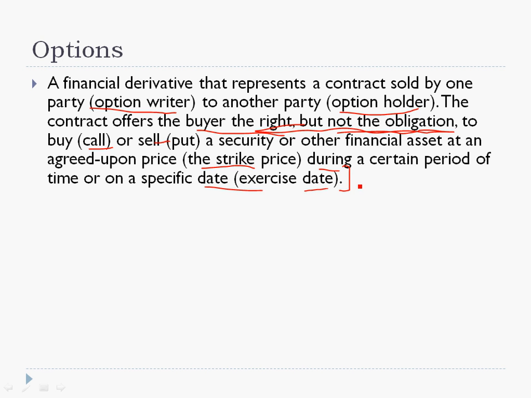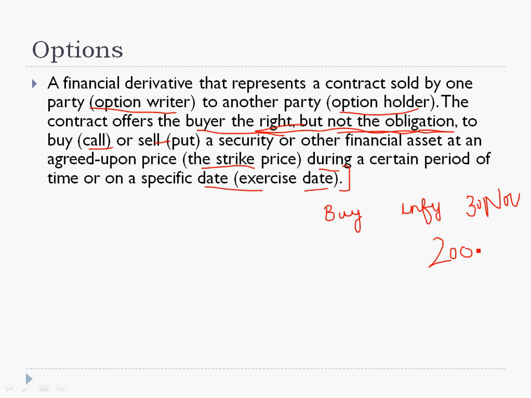So for example, I buy an option that I want to buy Infosys stock on 30th November at a price, let's say, of 2000 rupees.